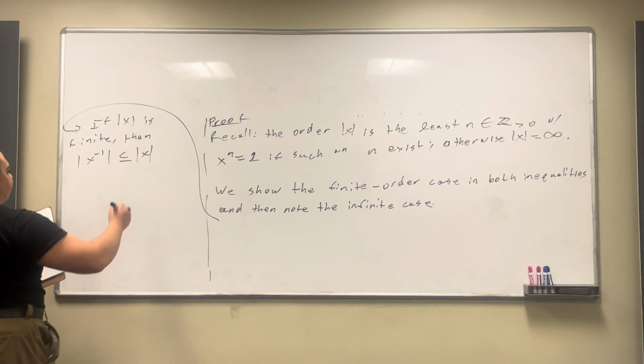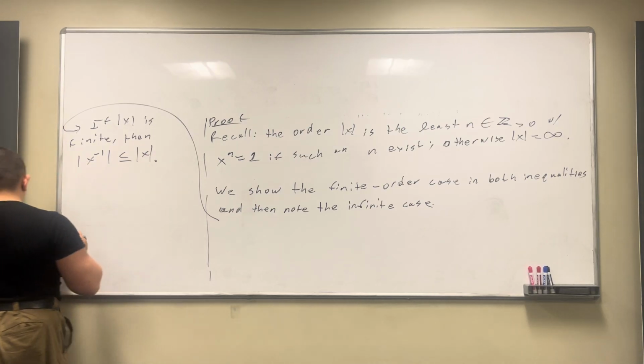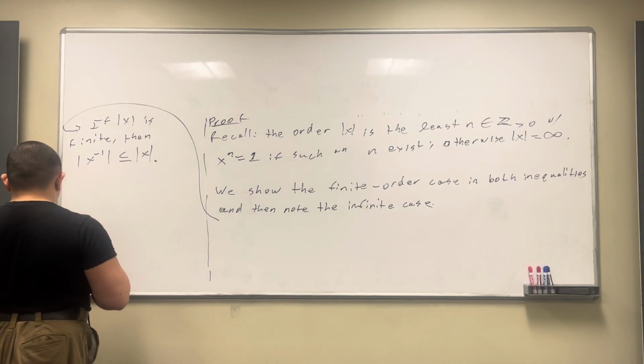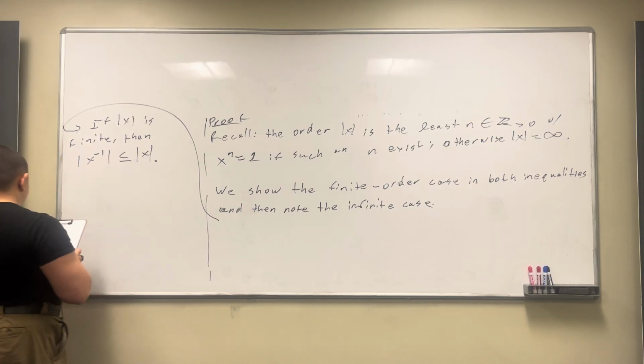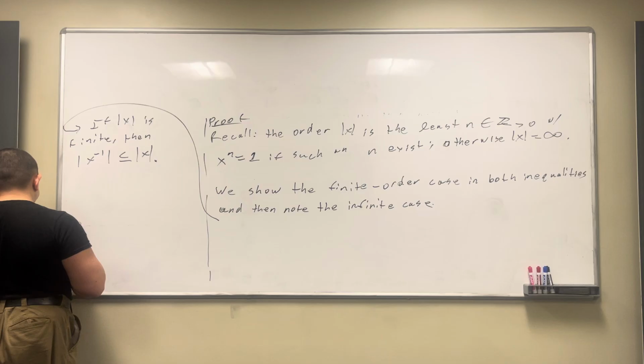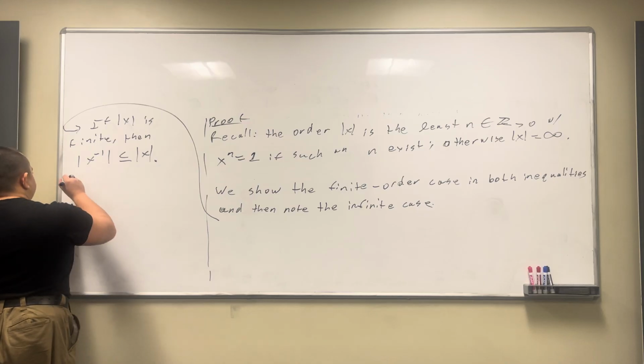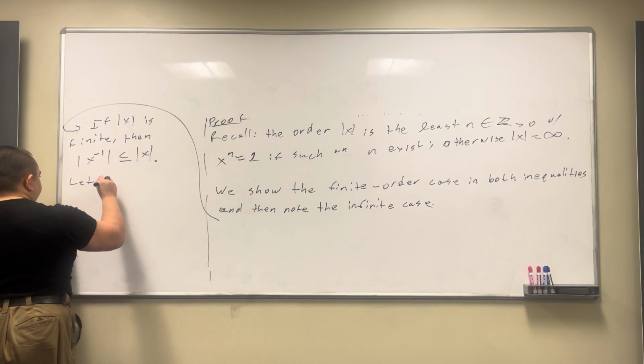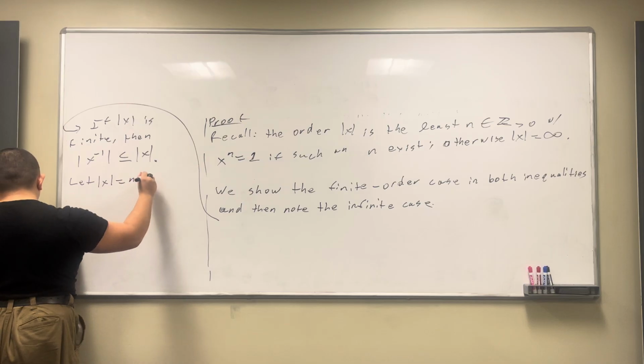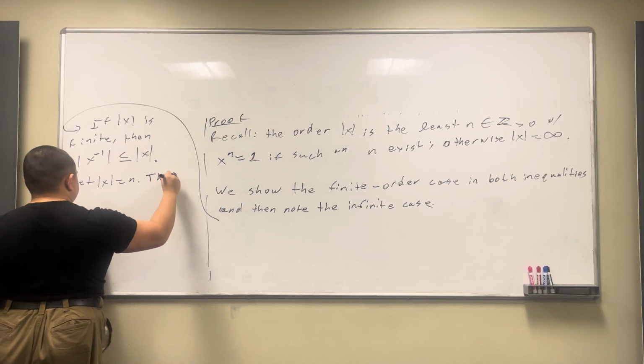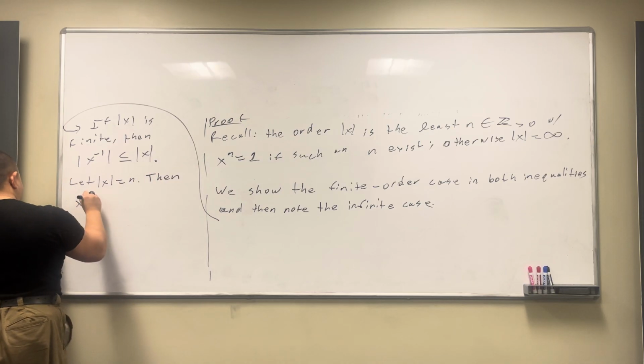Let's show this a bit more in depth. We can't just sort of say things and have them be true. That would be nice, but so let the order of x be equal to some n. Then x to the power of n is equal to 1.